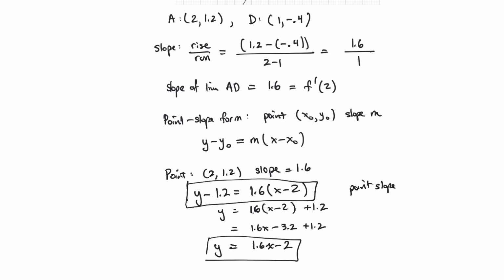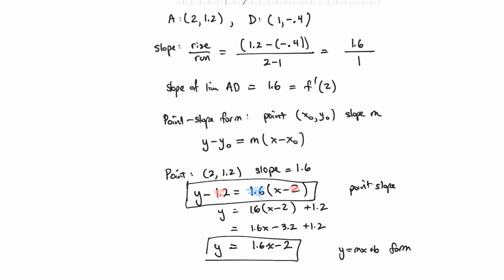Now, my personal preference in calculus is often to stick with the point-slope form because it makes very obvious two pieces of information. It makes very obvious what the slope is.